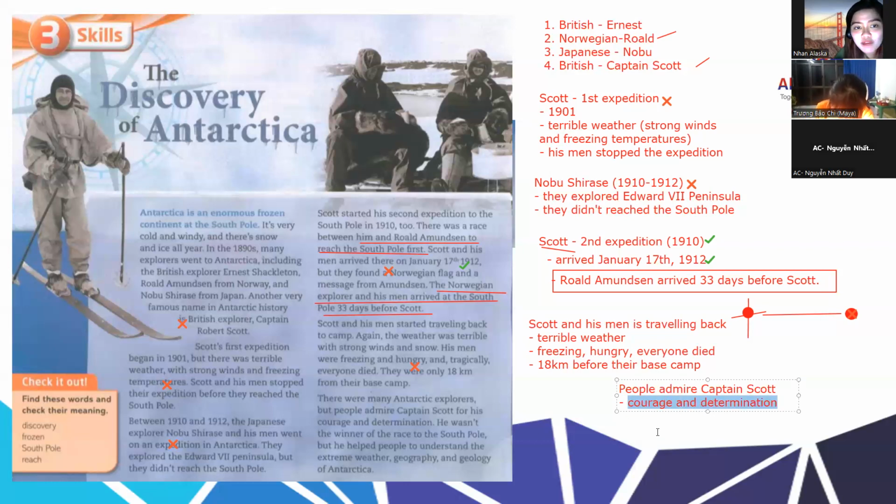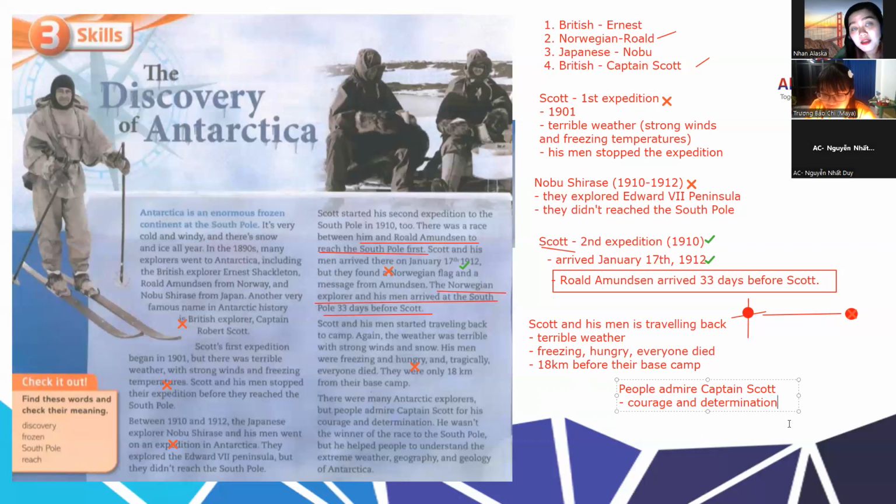Meaning, he is very eager. It's like no one can stop me, I'm going to finish the race. Meaning even though there are a lot of tragedies, it's very cold, they are very hungry, they didn't stop. They keep on going. They have the determination to finish the race. So courage and determination mean it's like very brave somehow.